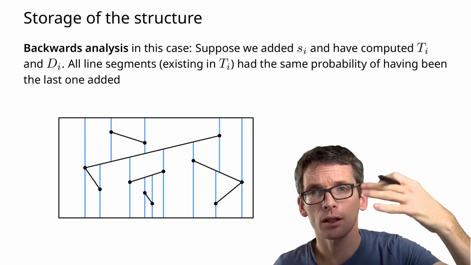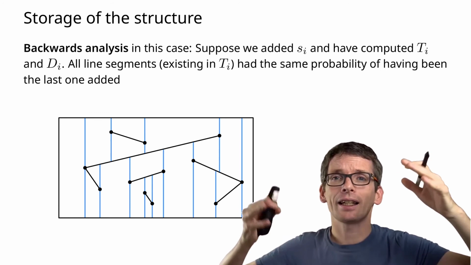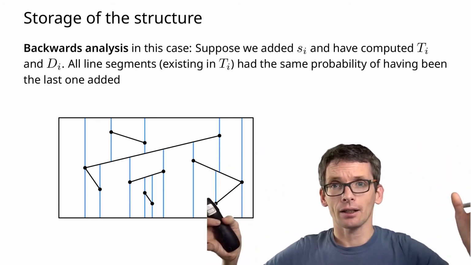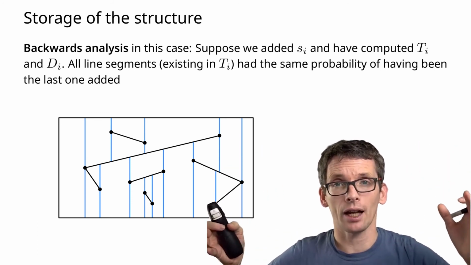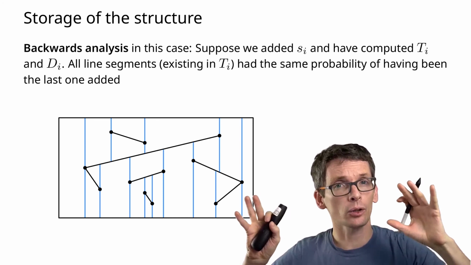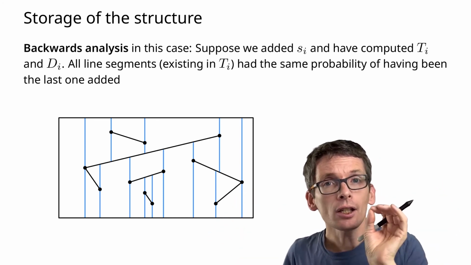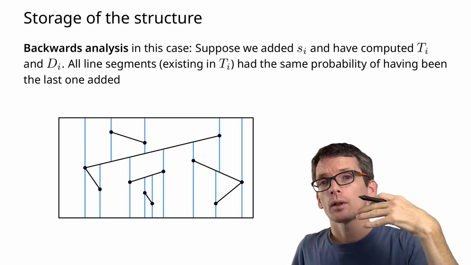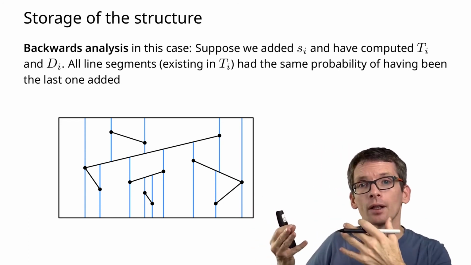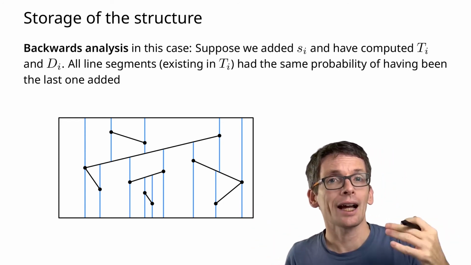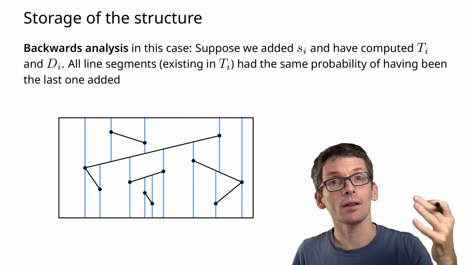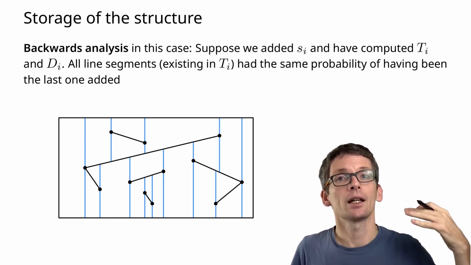Backwards analysis does this in a very clever way: you're looking at the vertical decomposition after the ith insertion, so all segments that we're going to talk about are already there. In this situation, if I think about the last insertion, every segment that is currently there has the same probability of having been the last segment to be inserted.